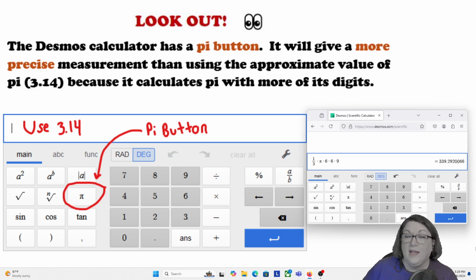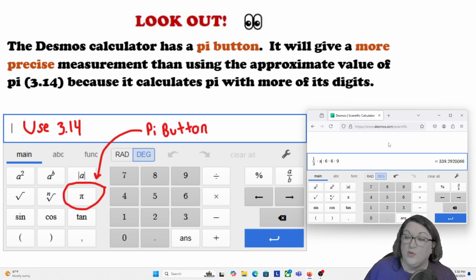So again, we're getting a close answer. It's an approximate answer, but it's just not exactly the same as what you would get when you use your 3.14. So just know that the pi button is there. If you use that pi button to do your calculations and your number is not exactly in the multiple choice, it may be because they may be using the pi approximation, which is 3.14 instead of the pi button.